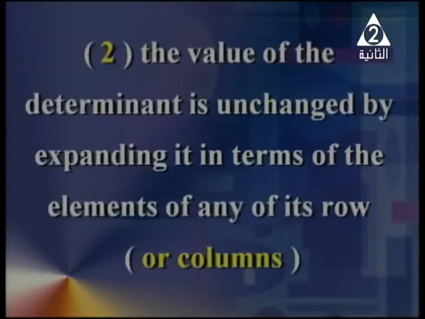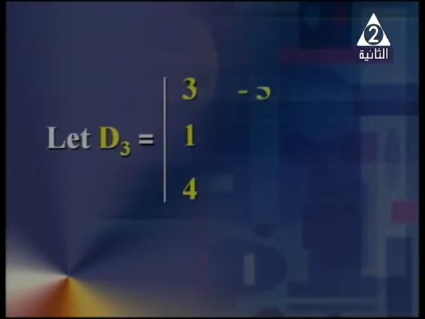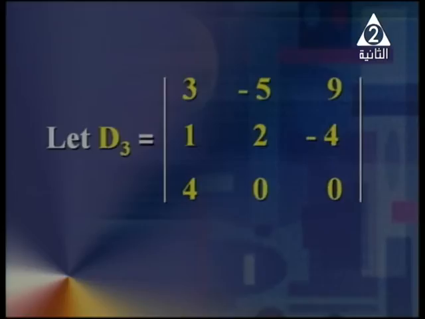Not a change. The value of the determinant is unchanged. Second property: the value of the determinant is unchanged by expanding it in terms of the elements of any of its rows or columns. Look at an example. We have a determinant with 3 rows and 3 columns.